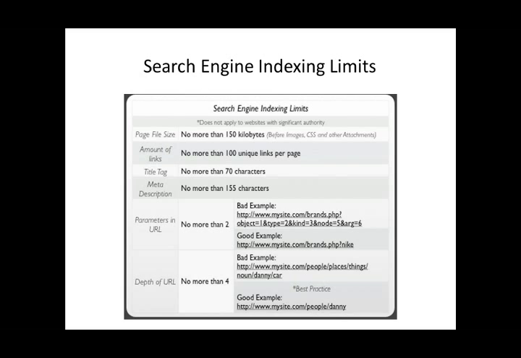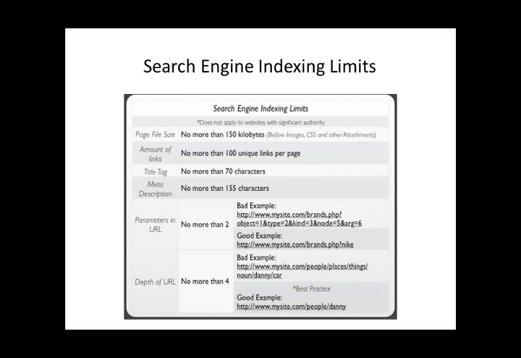There are certain limitations with search engines and search engine indexing, and these are best practices that every web developer should print out from this screen and keep in mind while coding individual URLs.